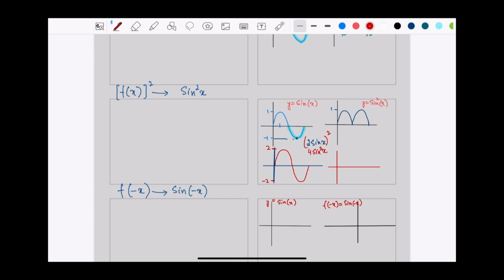As a result, the value which was 2 is now reflected as 4. So this height is not going to be 2 anymore, it's going to be 4. This is 360 and you can label the same.